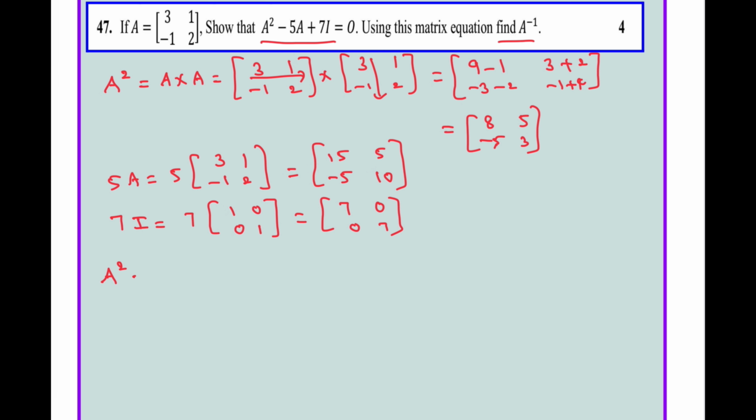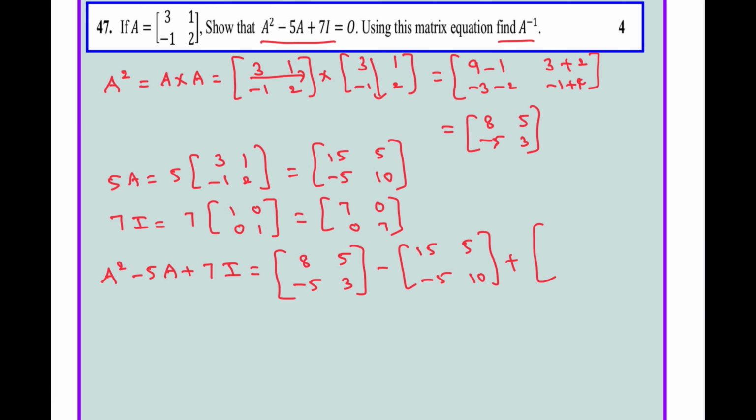Then A square minus 5A plus 7I equals A square is 8, 5, minus 5, 3, minus 5A is 15, 5, minus 5, 10, plus 7I is 7 0 0 7.